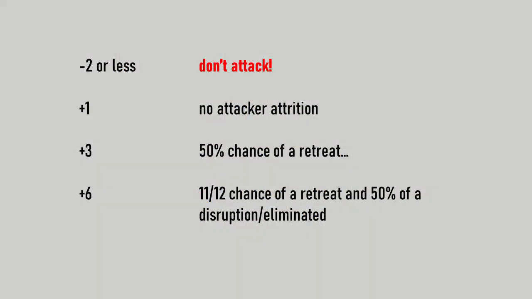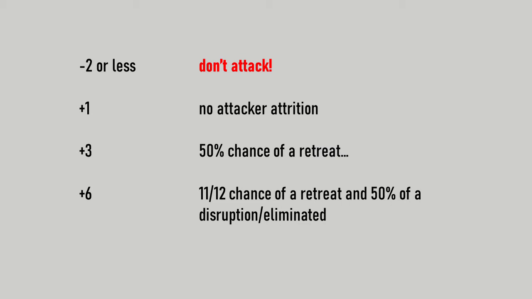And there are certain key points. If you are the attacker, do not attack if you have a -2 or less disadvantage. It's essentially suicidal. It is always better to simply combine in more attackers or rearrange to get a better bonus. -2 or less are bad attacks.